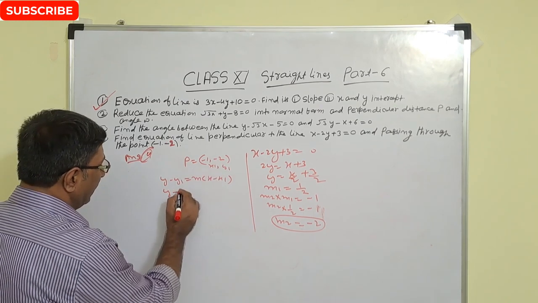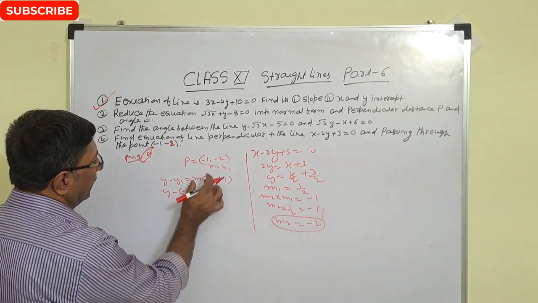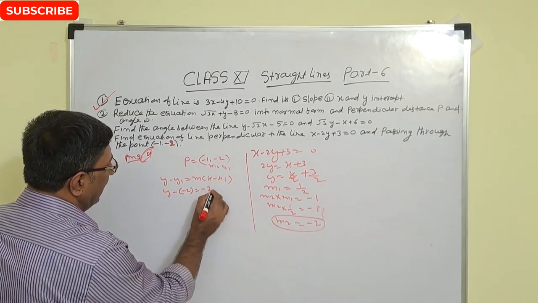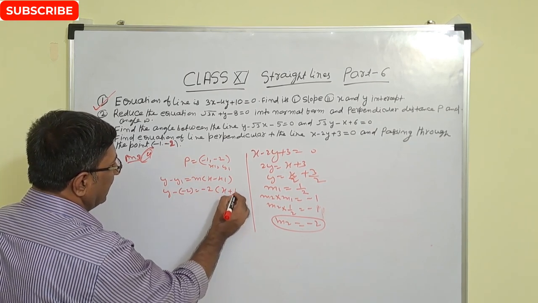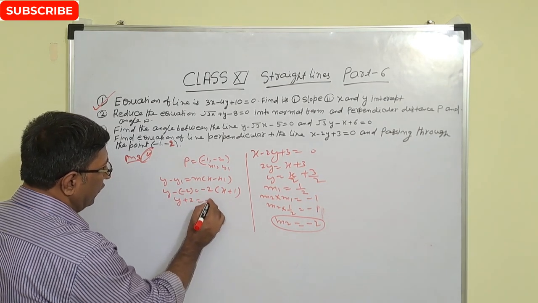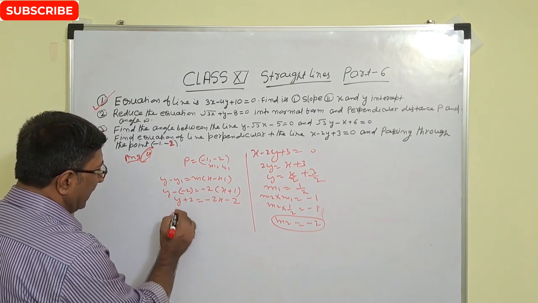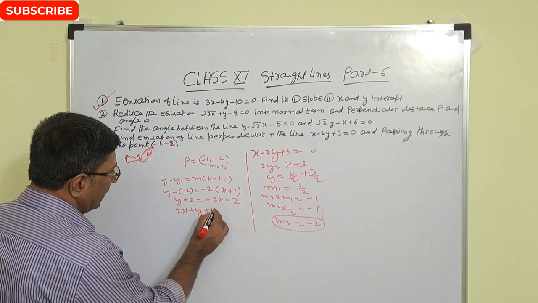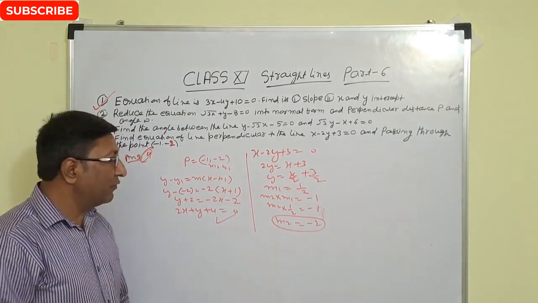That is minus 2, equal to slope of the required line m2, which is minus 2, into x minus x1, which is minus 1. So minus minus plus. So we will get y plus 2 equal to minus 2x minus 2. So when minus 2x came here, it is 2x plus y plus 4 equal to 0. This is the required equation of the line.